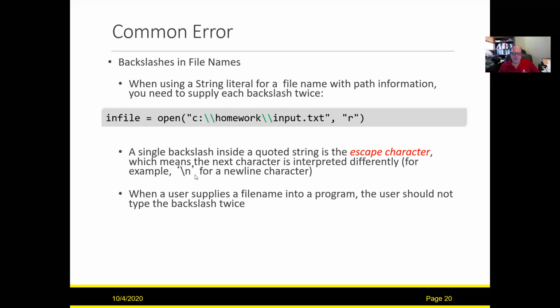So we have backslash n, backslash t, and the other things that we can use, and those are special characters. For the backslash itself, when I have two backslashes, that is going to translate to one backslash.